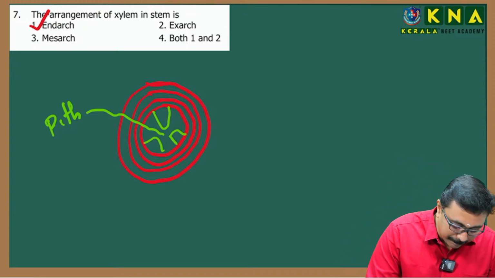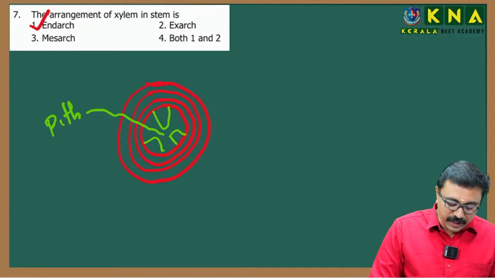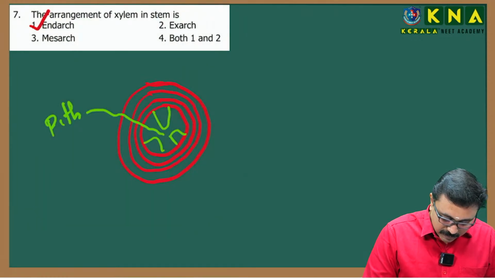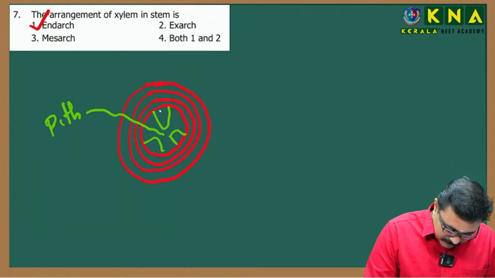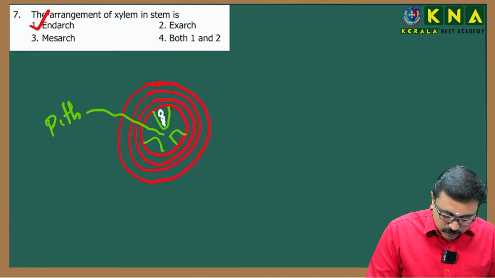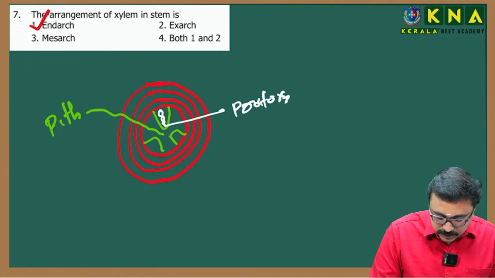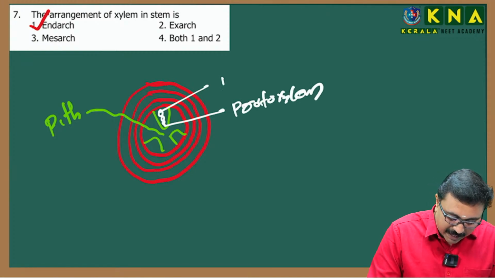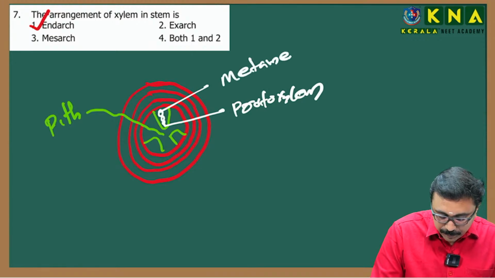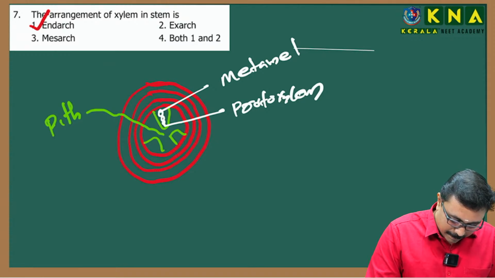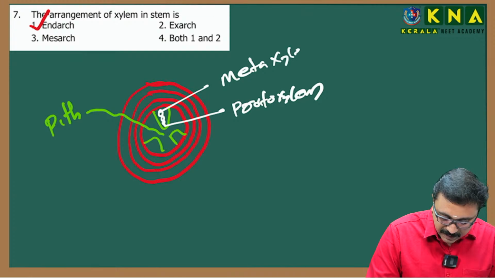Center pith. When you are looking at the vascular tissue, you can see that this is the xylem bundle. This is the small xylem which is called protoxylem. This is the large xylem which is called metaxylem.